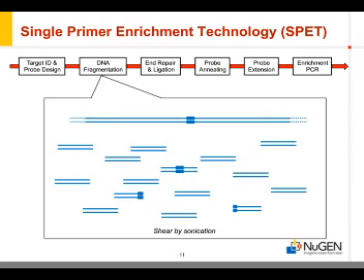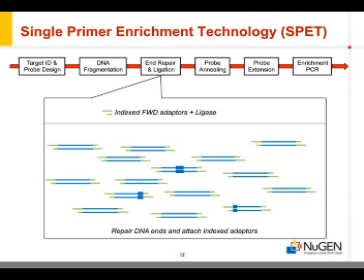So now we'll get to our first enzymatic step of the process. And this first enzymatic step is ligation of an indexed forward adapter to each strand of each of these molecules.